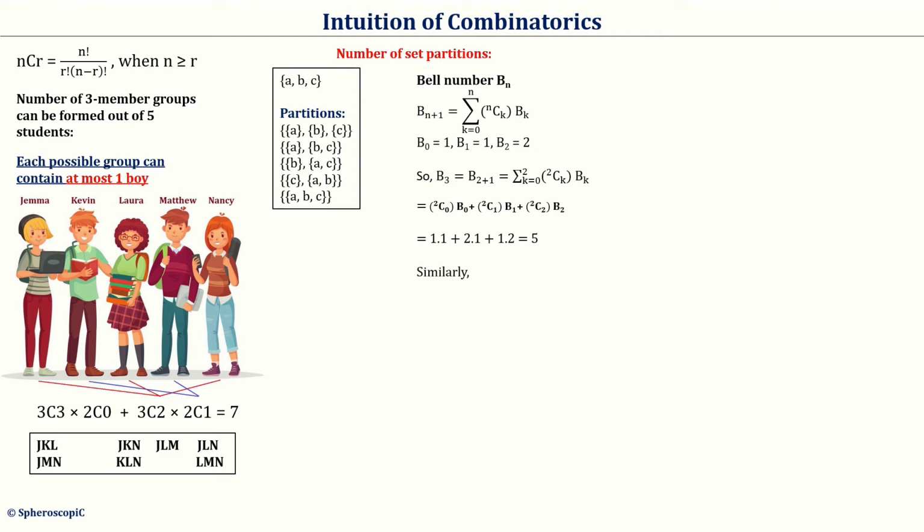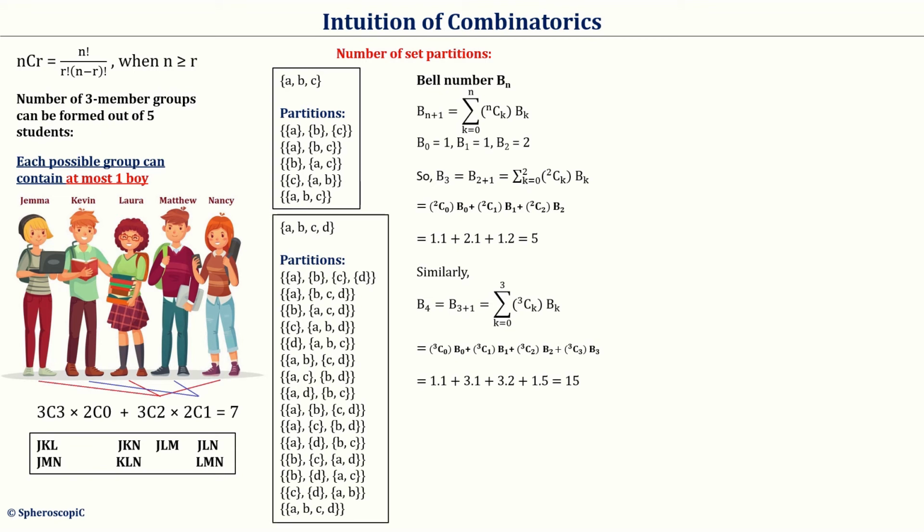Similarly, if we take a set containing 4 elements, there are 15 partitions possible for this set, and these are the partitions. All these Bell numbers we can calculate through a triangular form called Bell triangle.